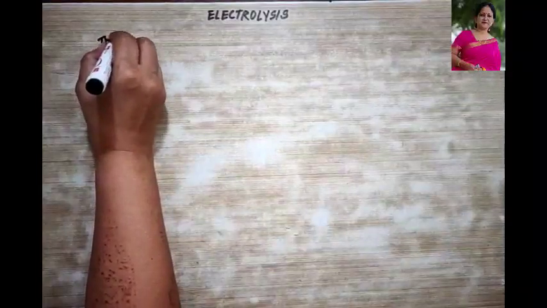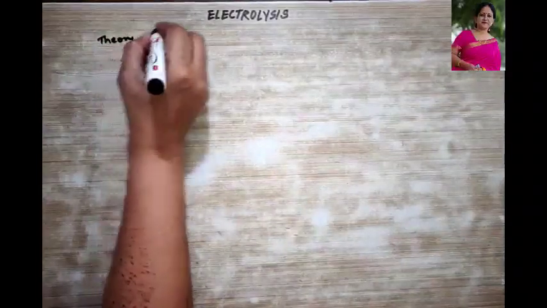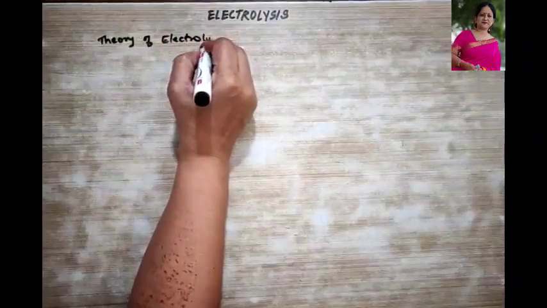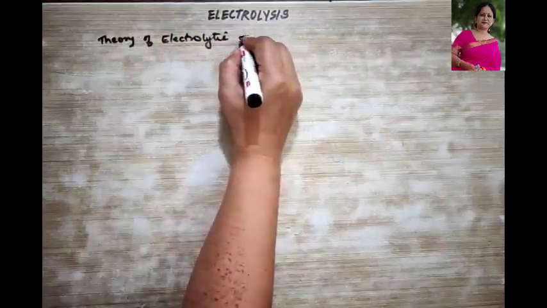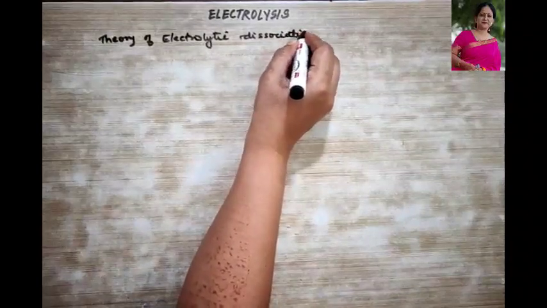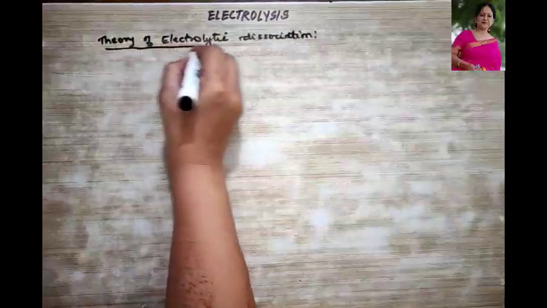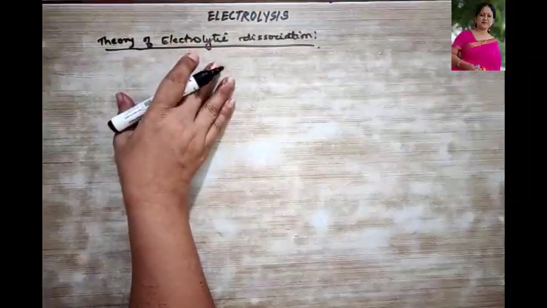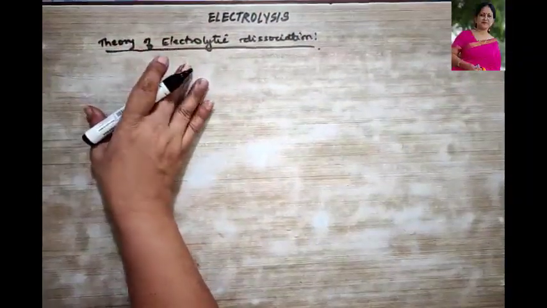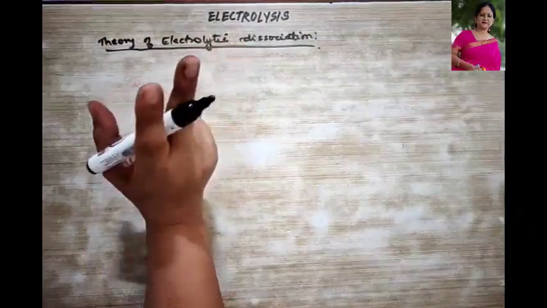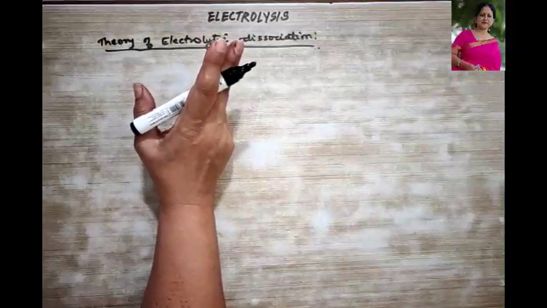Next, coming to the theory of electrolytic dissociation. Okay, so in this theory, what we need to remember, the ionic theory, is that an electrolyte, when it is dissolved in water, dissociates into free mobile ions, remember.